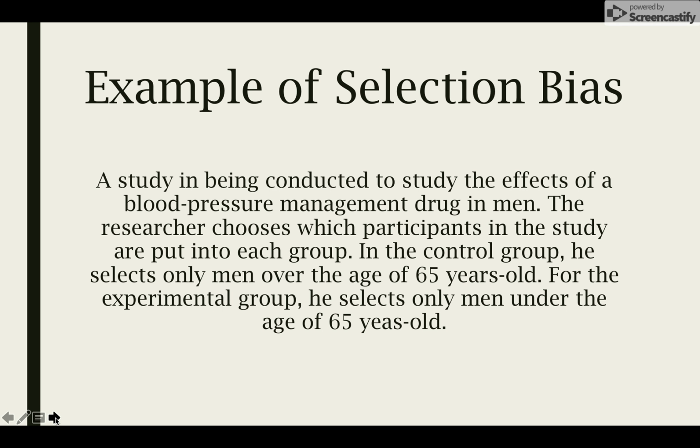So that's a huge problem because those two different groups of men have different health needs, and we're only studying them in their respective populations, which is an issue because you can't get a valid look at how the drug is working in all of the target population.